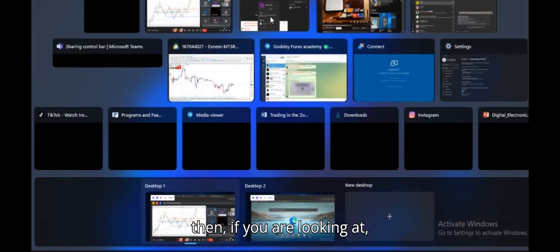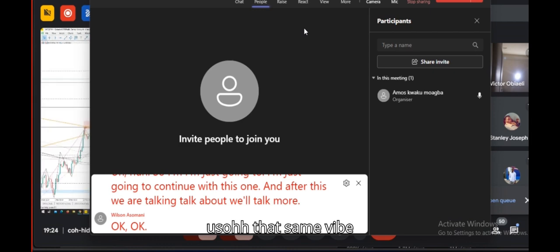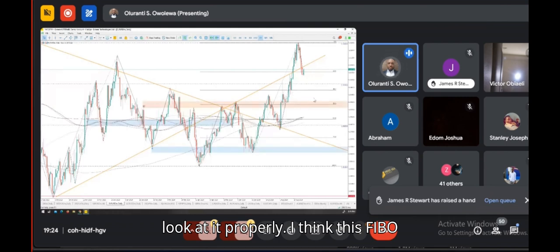But then if you are looking at the lower time frame, it is also giving us that same vibe around here, but we can see this reaction happening around the 23.6 Fibonacci retracement level. But let's look at it properly. I think this Fibo is not well placed. Let's see.